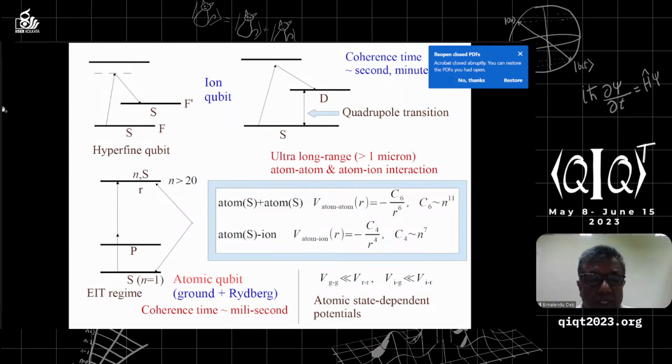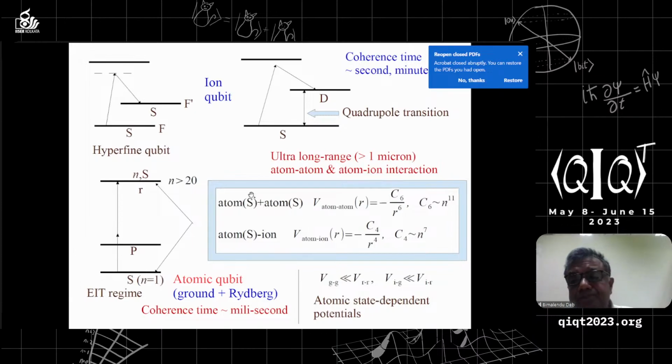So one can then easily couple this S state, the ground state, and the Rydberg state through a two-photon transition under EIT conditions. And then the qubit is formed between the ground state and the Rydberg state.